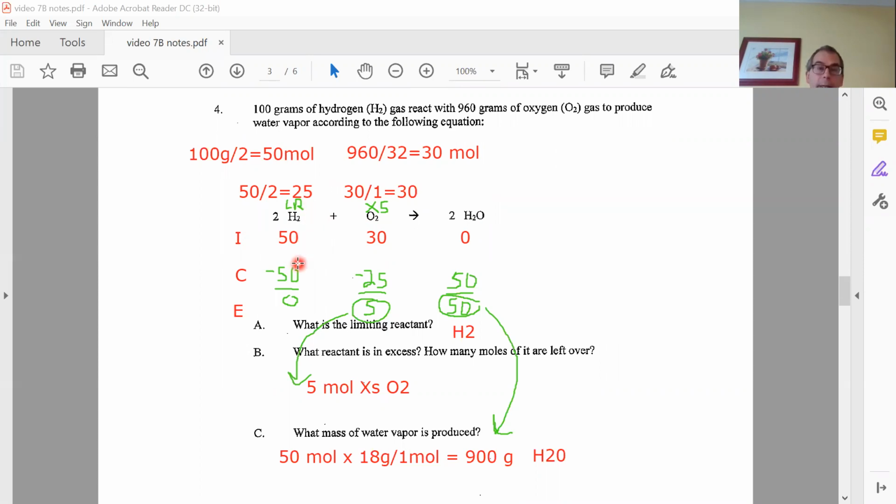All your limiting reactant gets used. Figure this out based on the ratio. 50 times 1/2 is 25. 50 times 2/2 is 50. And then for the excess reactant, the initial minus 25 gives you 5. And the total amount of product is right here.